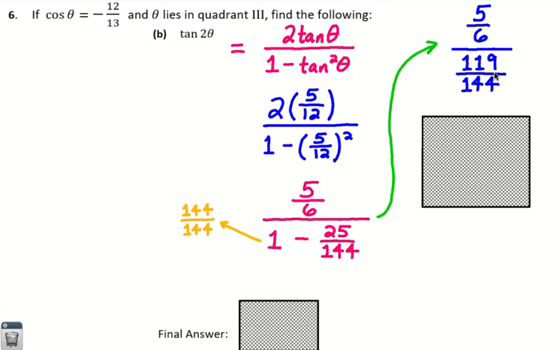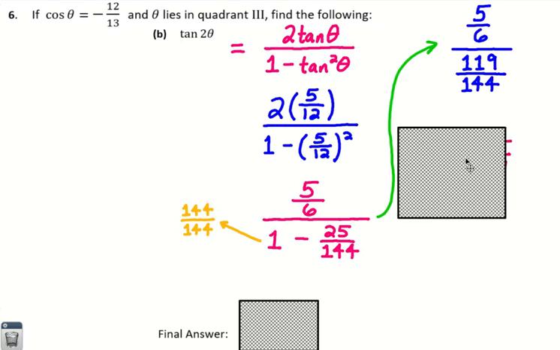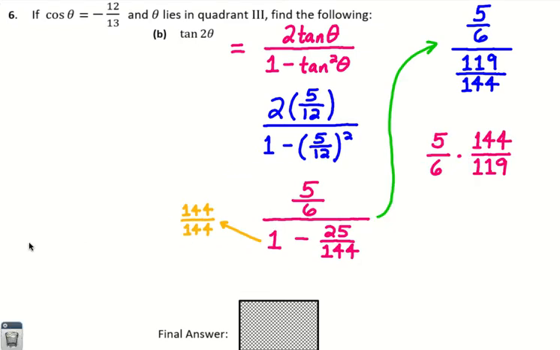And so that leads to having a fraction over a fraction. More importantly, we are dividing by a fraction, so instead, we multiply by its reciprocal. And our final answer, after reducing, should be 120 over 119.